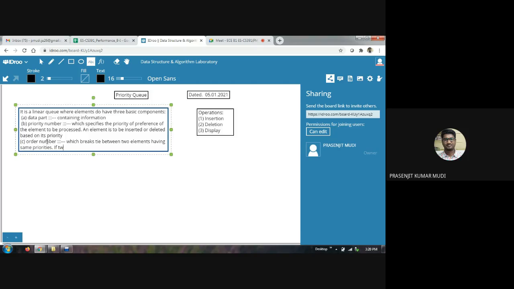If two elements have the same priorities, then they are processed. Here, process means insertion or deletion. So they will be inserted or deleted based on their order.